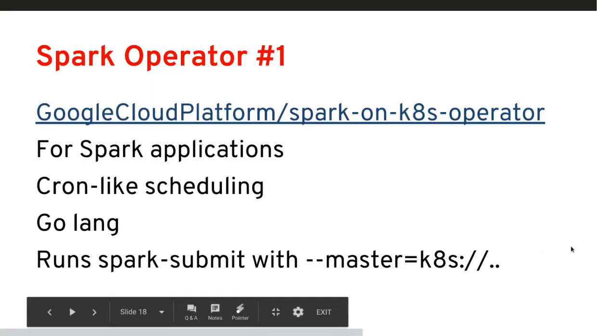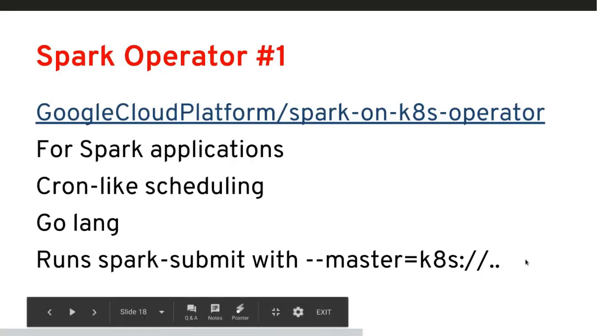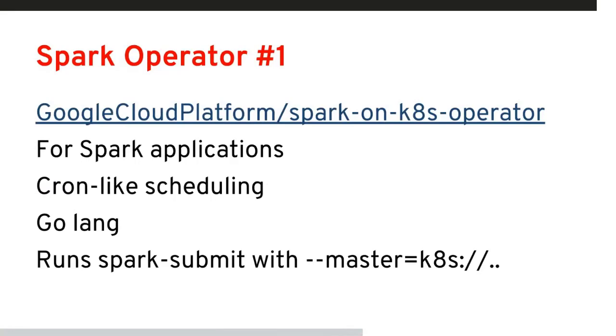A feature was introduced in Spark 2.3 that can understand this protocol, and you can also provide custom images for these spark-submit tasks, and it should create pods with a client that itself spawns a driver, and the driver spawns executors. But this is all handled by Spark itself, implemented directly in Spark. So what the operator does is create these kinds of applications, and it's meant for batch processing.